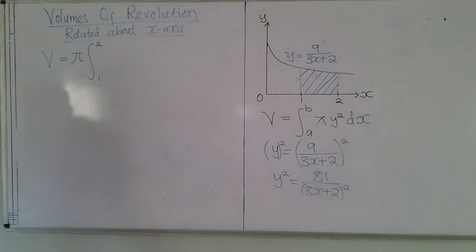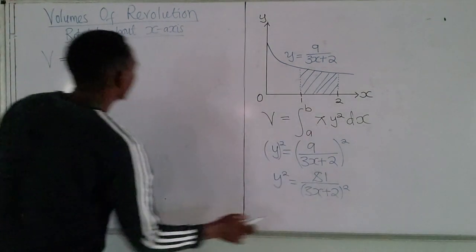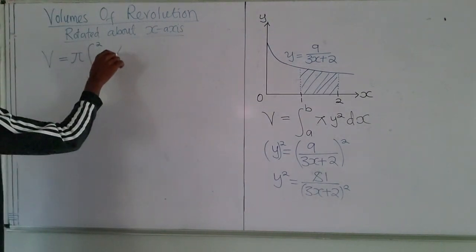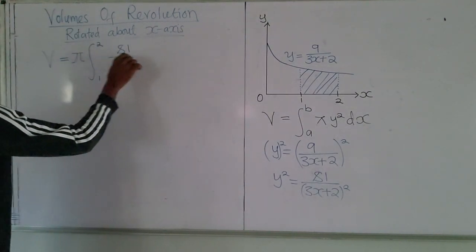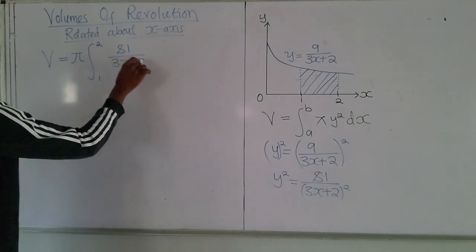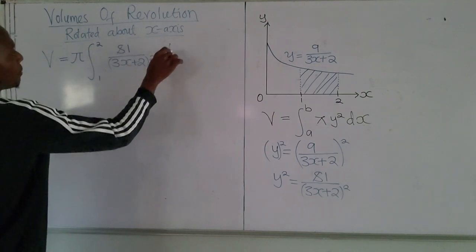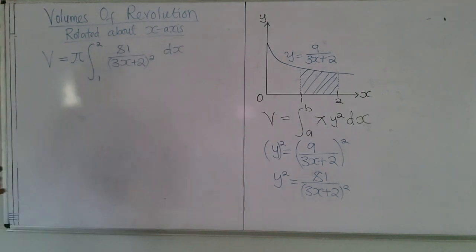Our y squared is 81 divided by (3x plus 2) squared, and we have to integrate this with respect to x.